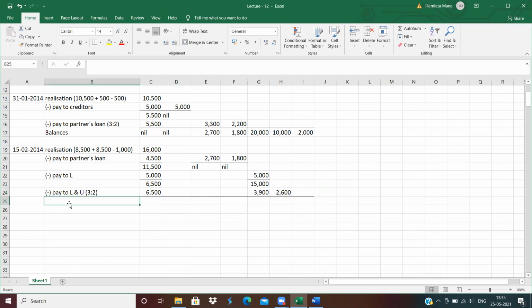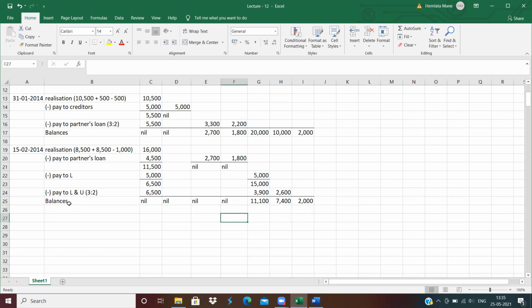Cash balance is nil. Creditor is also nil. Else loan nil. U's loan nil. Else capital: how much is remaining? 11,100. Then U's capital 7,400 and M's capital 2,000.